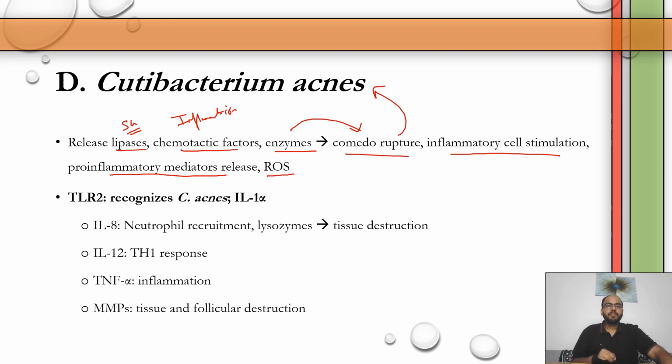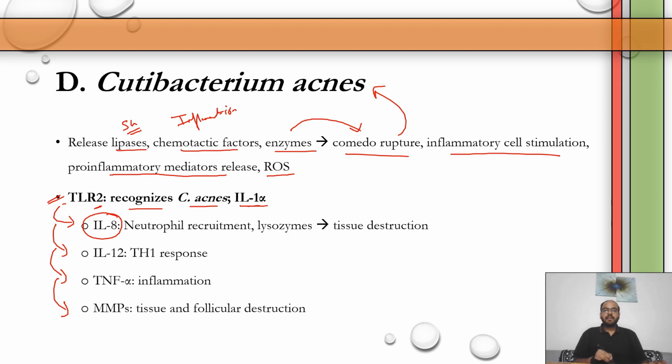Okay. Toll-like receptors. Remember again, toll-like receptor could be the inciting factor for microcomedo. Toll-like receptor 2 recognizes C. acnes. Okay, it also recognizes interleukin-1 alpha, and because of this, it will lead to secretion of different interleukins. Four of them I'm mentioning here.